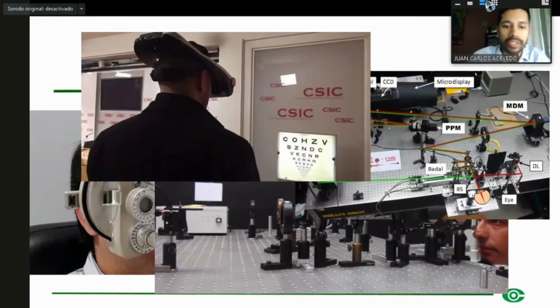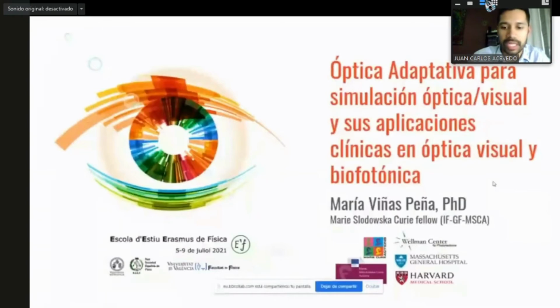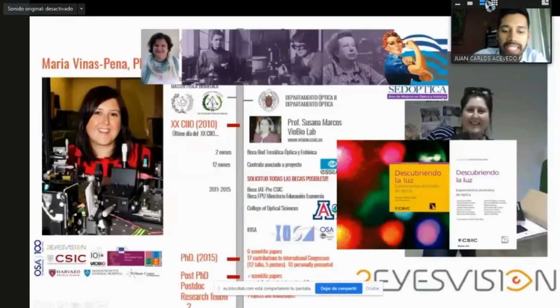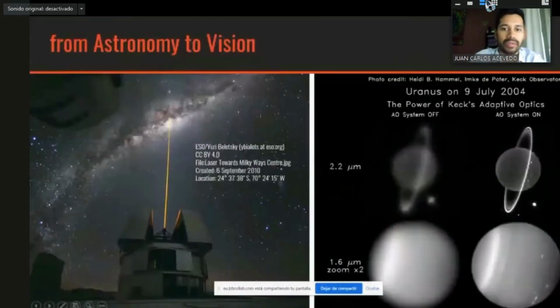Now, I want to talk about adaptive optics for visual simulation, a work done by Maria Viñas, an admirable scientist dedicated to the study of the properties of light, who already has more than 60 publications. The project is based on astronomical technology.